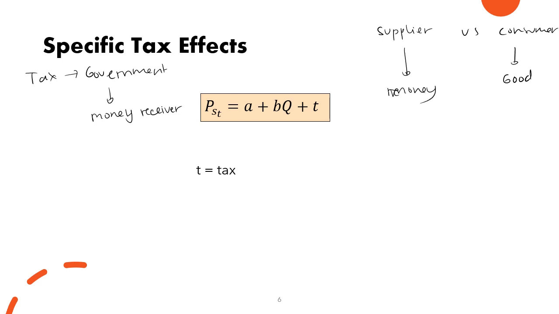So basically, government asks the supplier or producer for their tax. Yeah. So that's why the tax effect will affect the supplier, the producer, and in our subject here, it will affect the supply function.